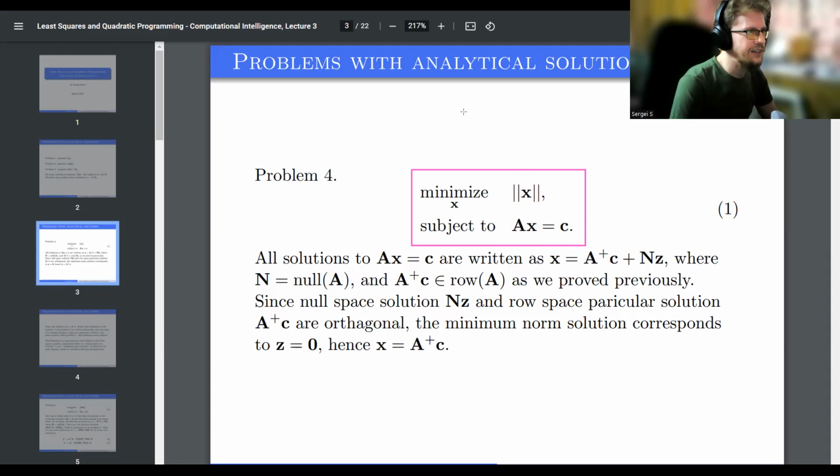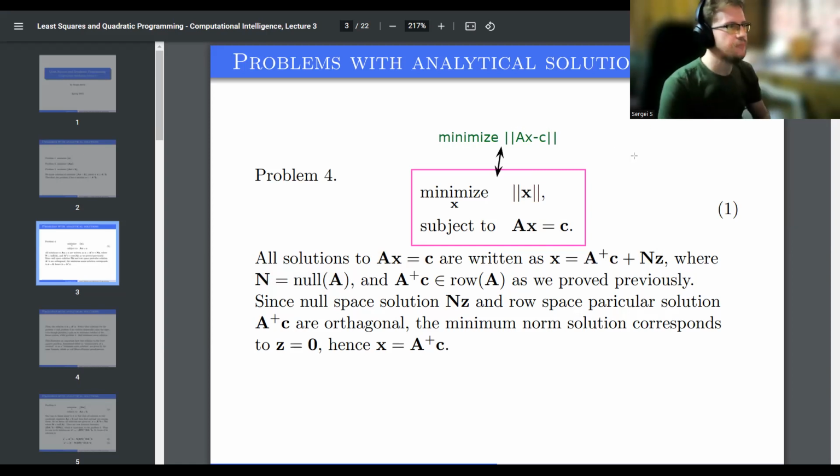In terms of solution, this problem is completely equivalent to the problem of minimizing the norm of Ax minus c. That is not obvious.